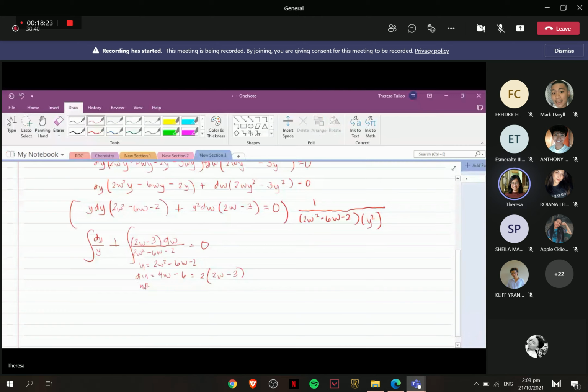So, that will be simply 1/2 ln of y, okay, plus 1/2 of ln of u.